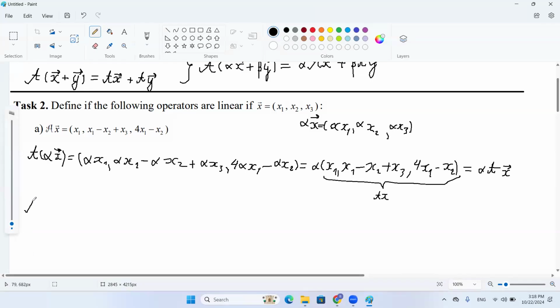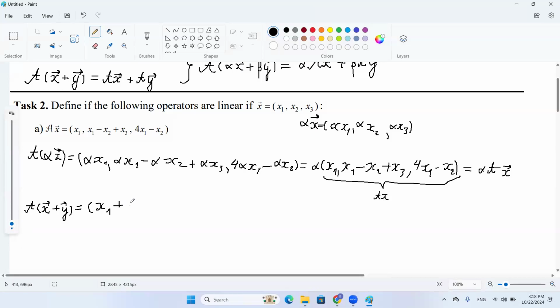Now let's check additivity. So we use it for a sum of x and y. And how will it look?